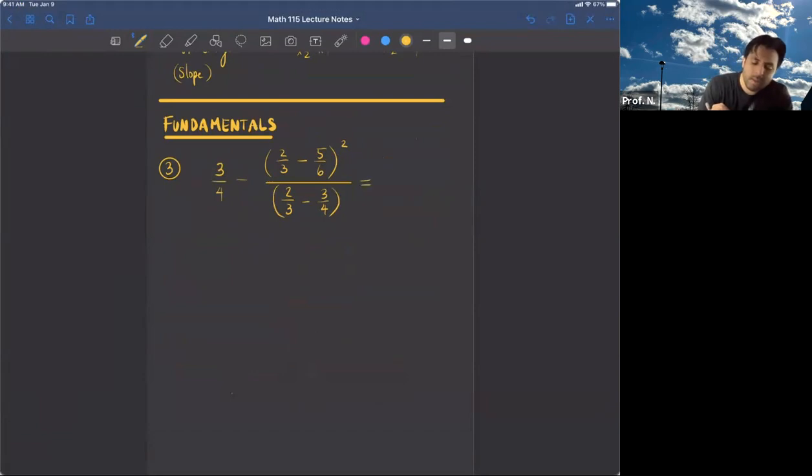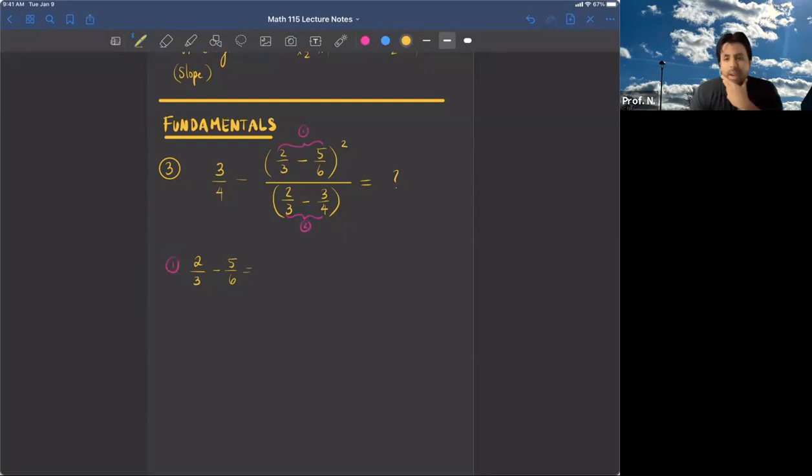The first thing I'm going to do is take this and this. So the first thing is, what is 2/3 minus 5/6? Why am I doing this? Because remember, we're doing the parentheses first, order of operations.